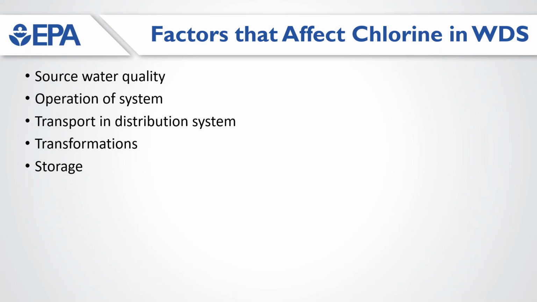Storage, mostly through tanks, is a huge factor for chlorine disinfectant because the water often sits in tanks for long periods if the tanks operate that way. And it's not always mixed in the tank either, it can sit stagnant.